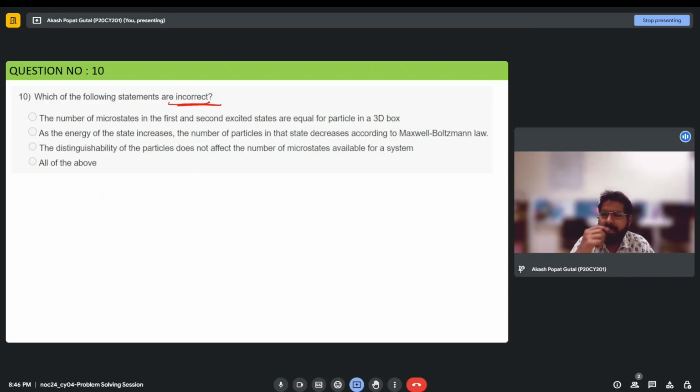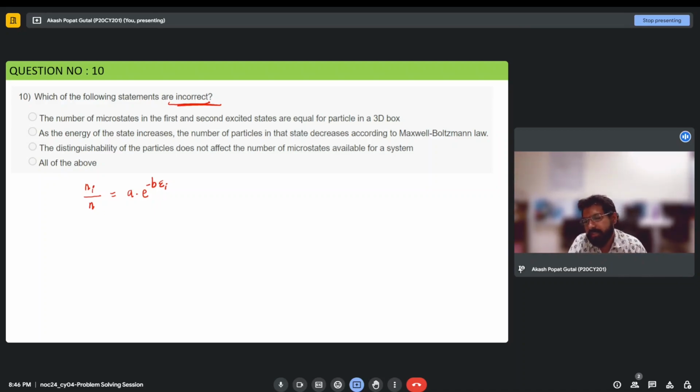Okay, as the energy of the state increases, the number of particles in that state decreases according to the Maxwell-Boltzmann law. So we know that in the Maxwell-Boltzmann law, suppose the particles in the ith state, ith level, Ni divided by the total number of particles N is nothing but A times e raised to minus beta epsilon i, where epsilon i is the energy of that state.